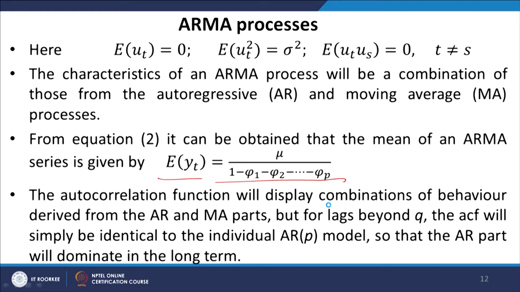The autocorrelation function will display a combination of behavior derived from the AR and MA parts, but for lags beyond q, the ACF will simply be identical to that of the individual AR(p) model, so that the AR part will dominate in the long run. Because if you remember, when it comes to MA processes, the autocorrelations higher than the lag of the MA process are all equal to 0.